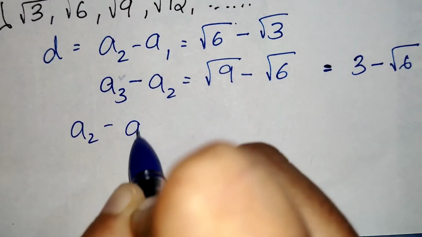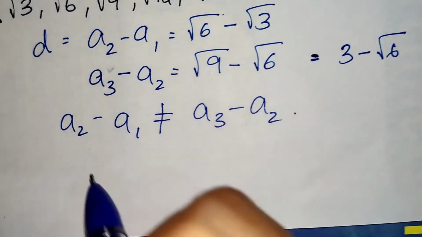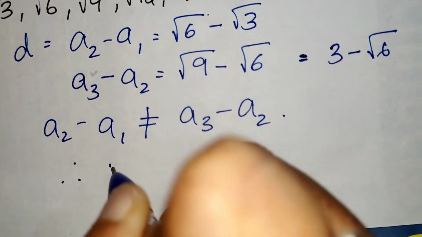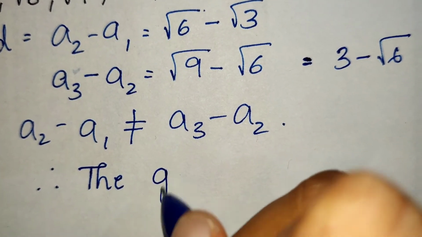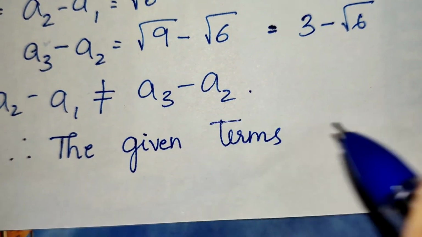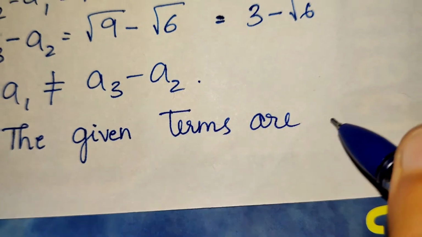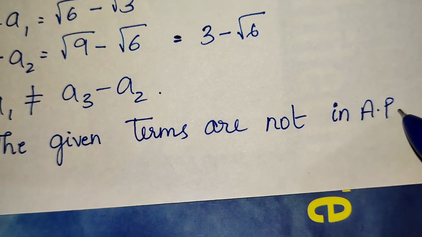A2 minus A1 is not equal to A3 minus A2. Therefore the given terms are not in AP.